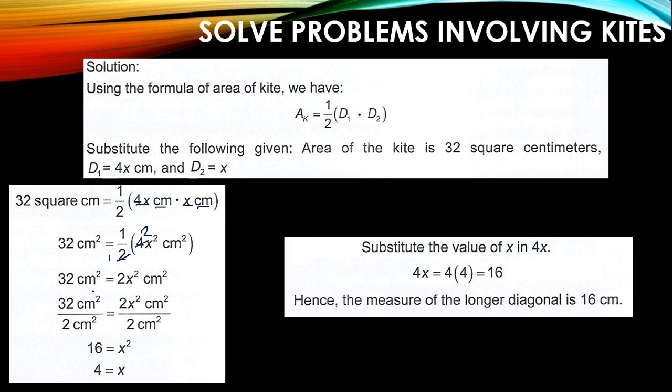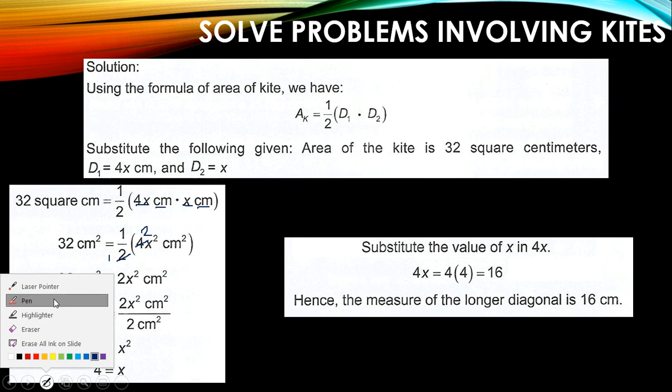Then you're going to divide both sides by 2 cm squared. So 32 divided by 2 is 16, and 2x squared divided by 2 becomes x squared. Actually, you can also use the transposing method.